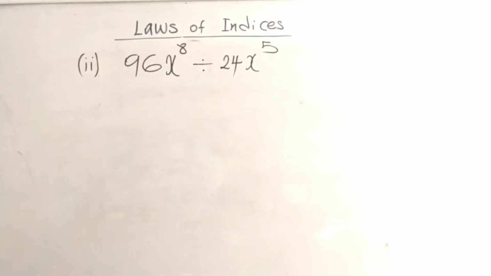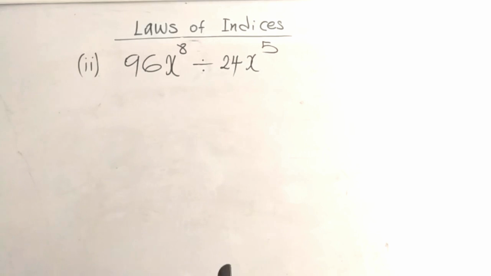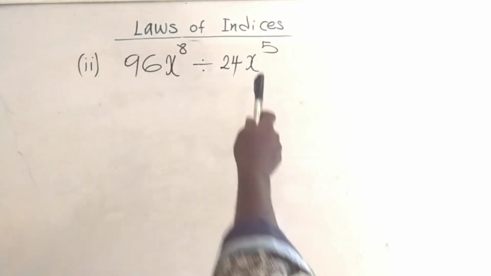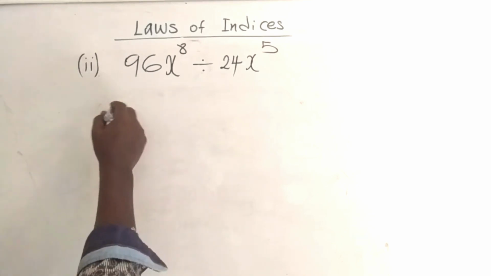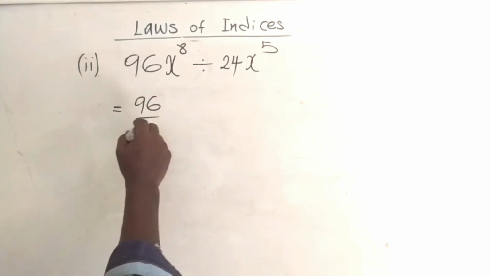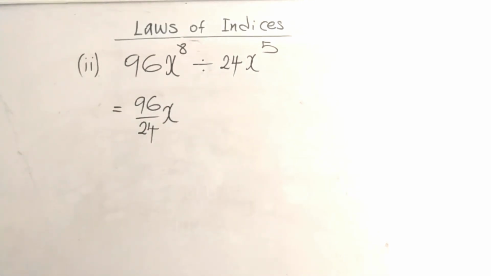Given 96x raised to power 8 divided by 24x raised to power 5. Start by dividing 96 by 24. Take the common base x, then subtract the powers from each other.